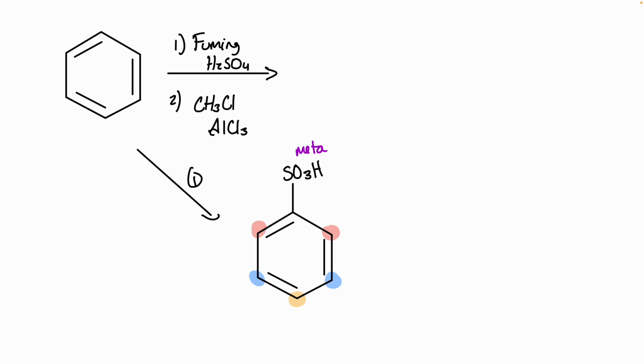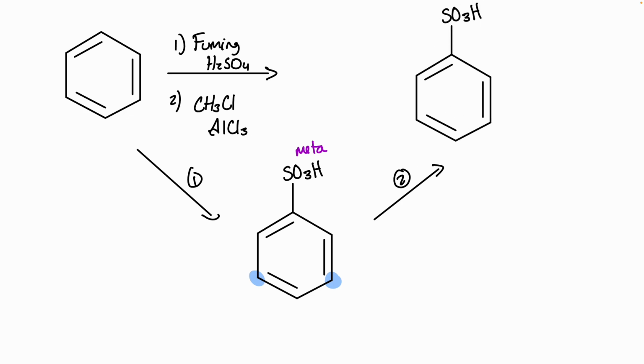These are meta-directing groups. So in terms of my possible positions for my incoming substituent, it's going to be that meta position. After I do that second reaction, I'm going to get my product with that methyl group in the meta position. There's only one meta position, so regardless of which one I chose, I'd get this same product.